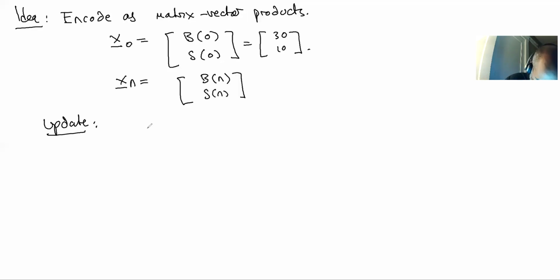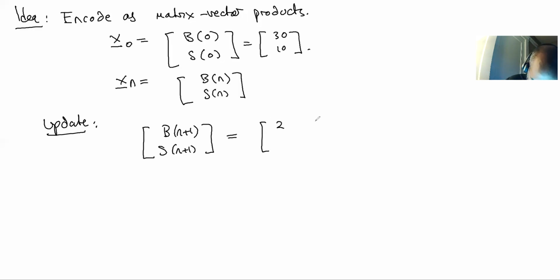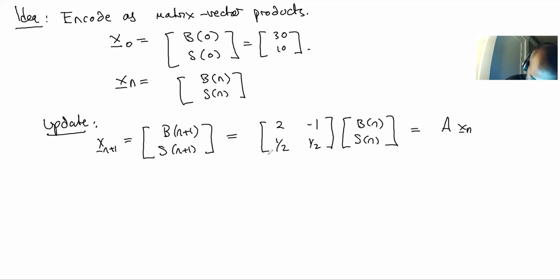So I can write that as B_{n+1}, S_{n+1}. This is in general a useful thing to do: if you have a bunch of equations, write them in matrix notation. This equals the matrix 2, minus 1, 1/2 times B_n, S_n. But then this is just x_{n+1}. And this is just A times x_n, where this matrix I'm going to call A.